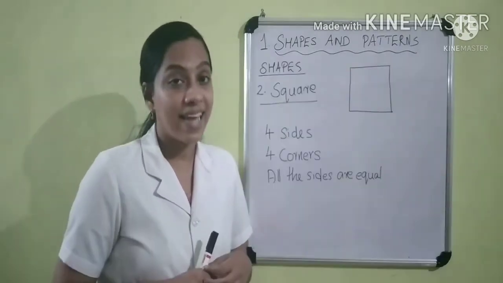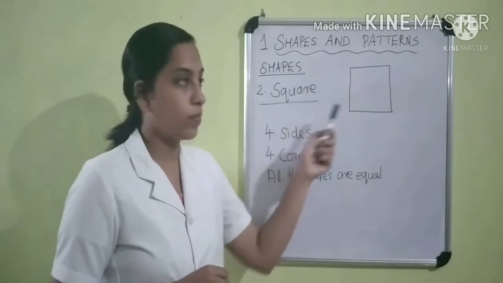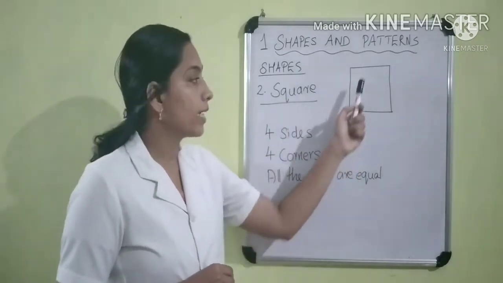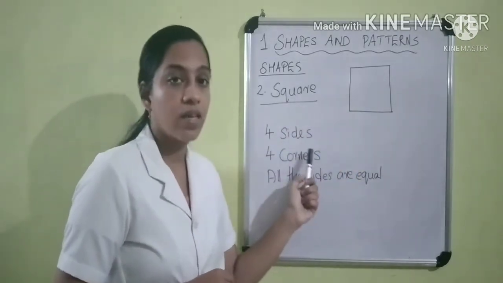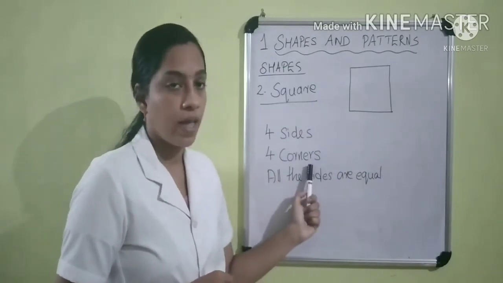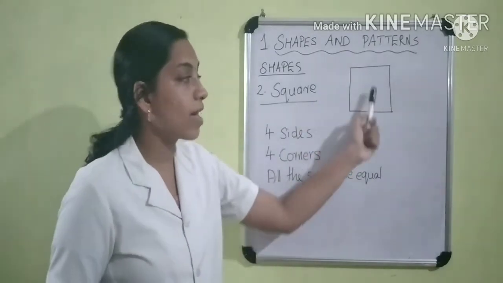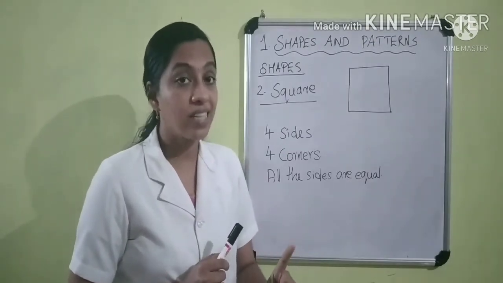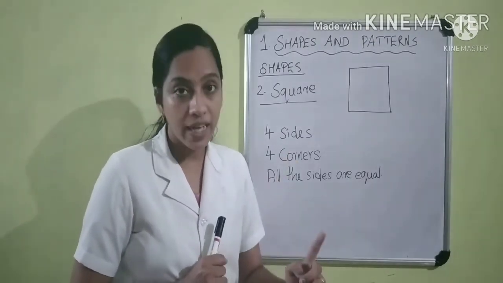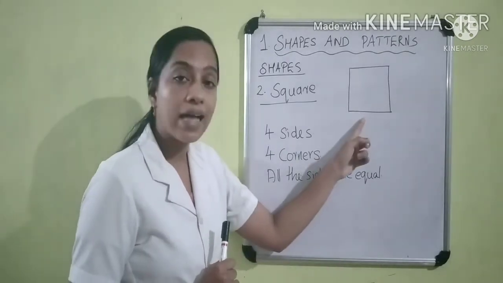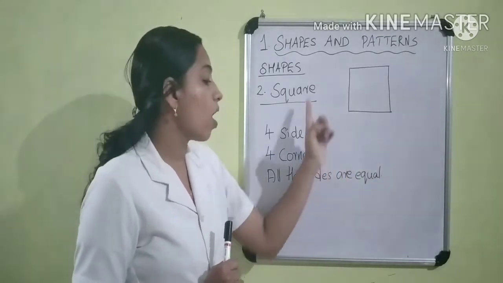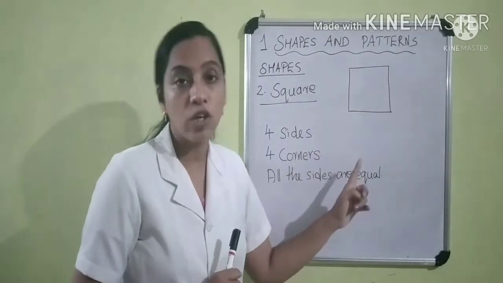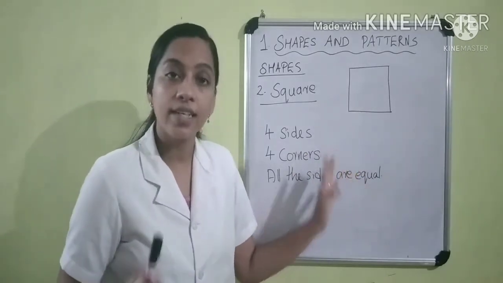Okay, the next shape, square. This is a square. It has 4 sides, 4 corners, and all the sides are equal. We know a rectangle has 4 sides, but the sides are not equal. Here, a square has 4 sides, but all the sides are equal. Is it clear, children? Yes.